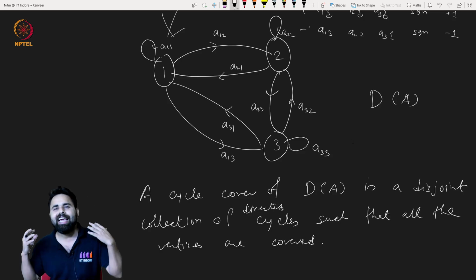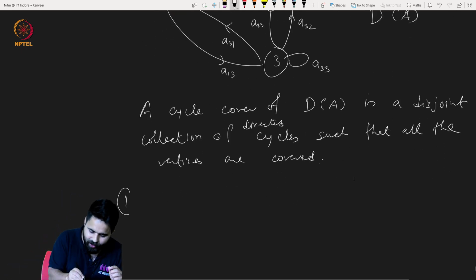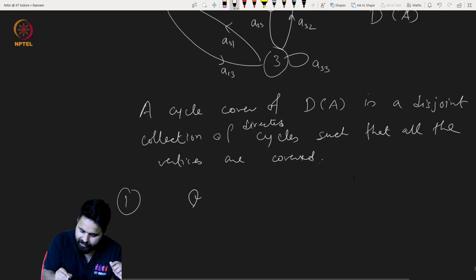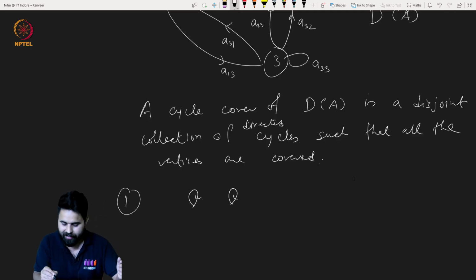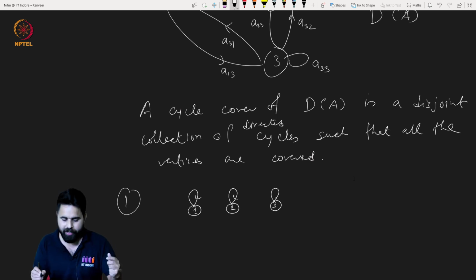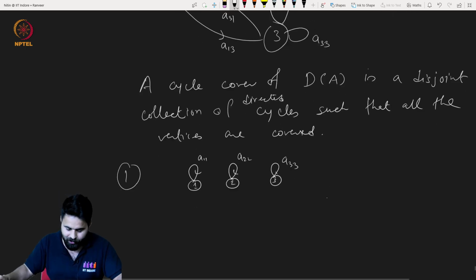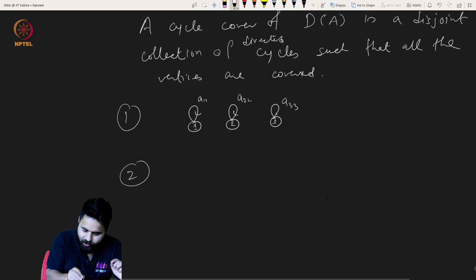Let us take some examples of cycle covers. By default one cycle cover is this: you take 3 cycles, and by the way, these self loops are also cycles. This is vertex 3, this is vertex 2, vertex 1. Let us take one more cycle cover.